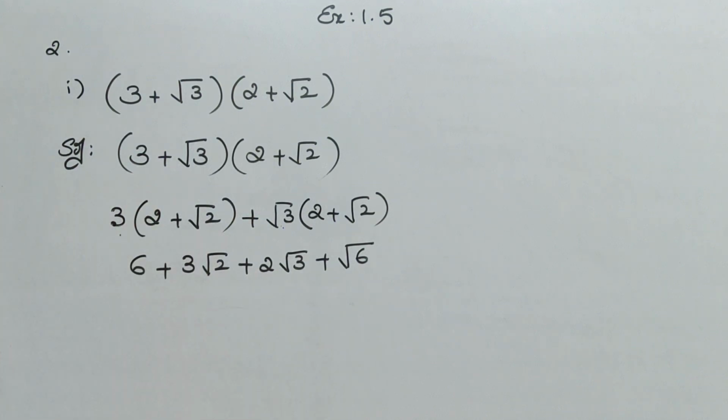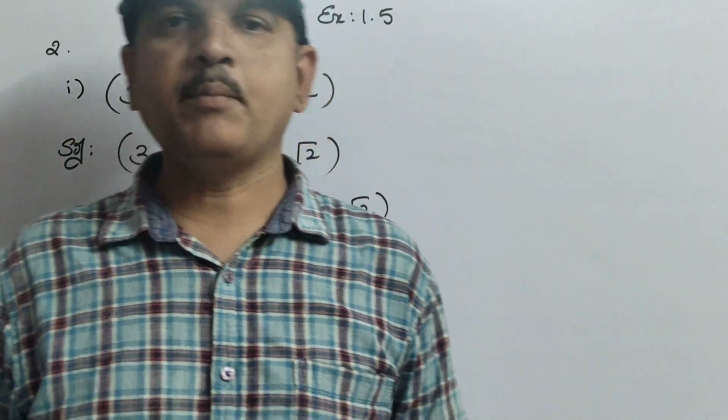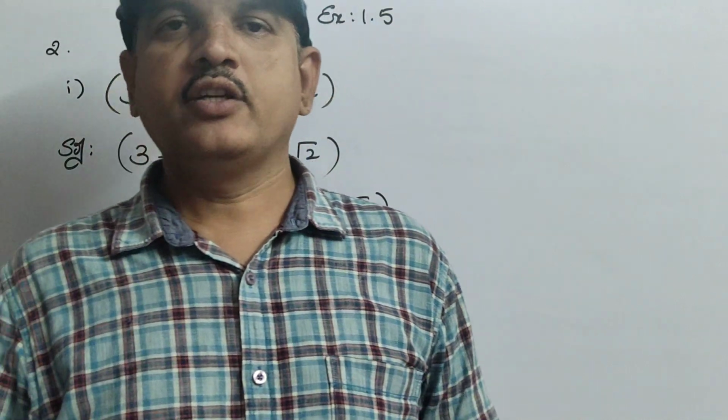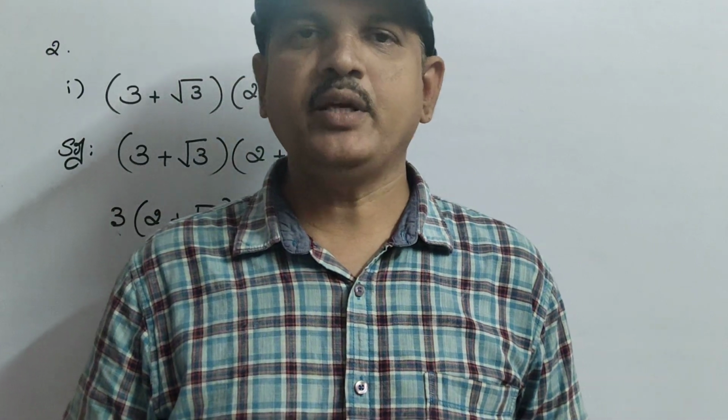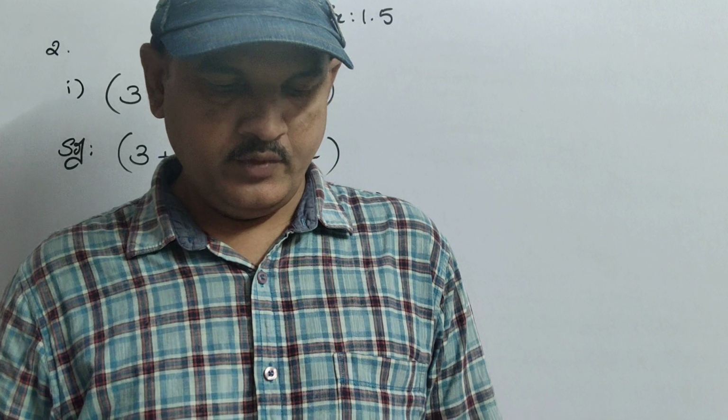Okay, is it clear? Now coming to the second question: 3 plus root 3, 3 minus root 3. I think you all know this one: the (a plus b) into (a minus b) formula, a square minus b square.